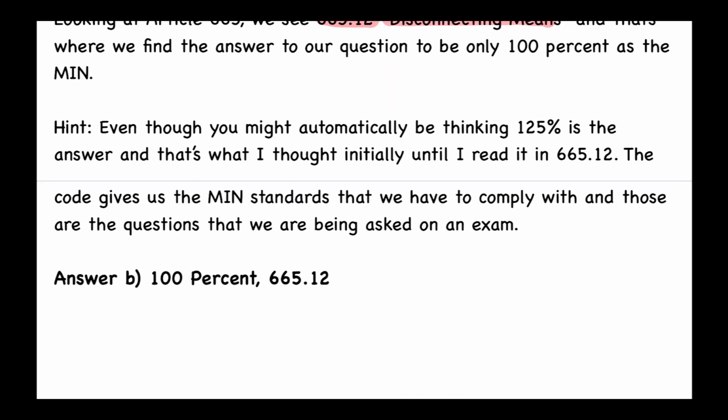So hint, even though you might automatically be thinking 125% is the answer, and that's what I thought initially until I read it in 665.12, the code gives us the minimum standards. These are the minimum standards from the NEC that we have to comply with, and those are the questions we are being asked on an exam.